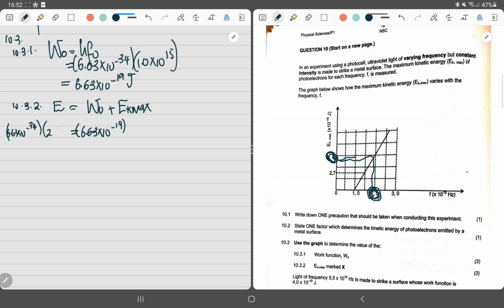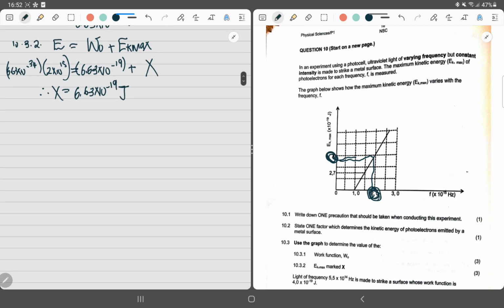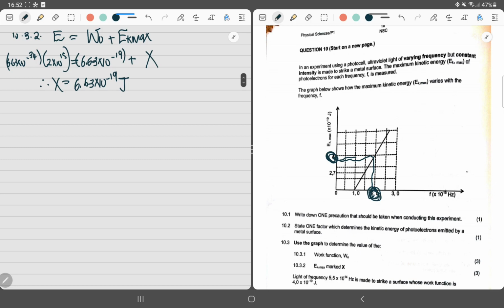So this is 2 multiplied by 10 to the exponent of 15, plus X. So this is 6.63 times 10 to the negative 34, times 2 times 10 to the exponent of 15, minus 6.63 times 10 to the negative 19. So I'm getting 6.63 times 10 to the negative 19 joules. That is the EK max at X. This is option 1.